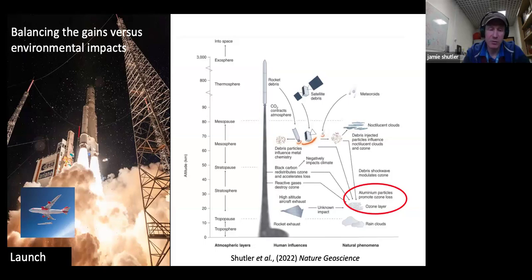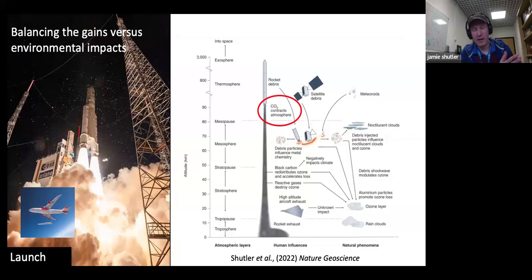There's aspects which can destroy ozone as well. And along with that, they have the ability also to contract the upper atmosphere. So carbon dioxide emitted in the upper atmosphere actually causes it to contract, which means that satellites we put into orbit are likely to stay there longer because they're not being pulled back down by gravity as much. So these are aspects, as an Earth observation community, we need to be aware of.